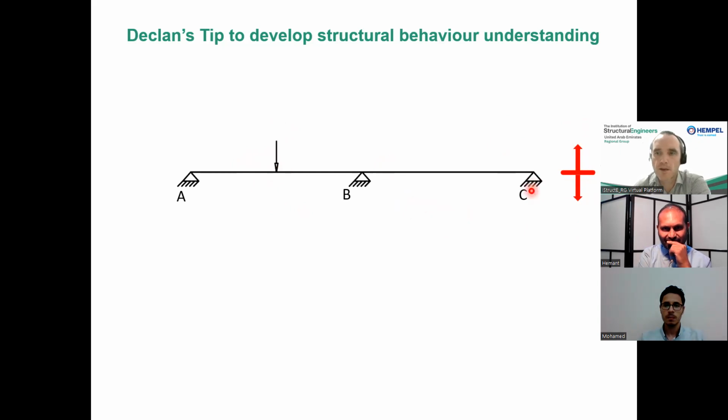What is happening here? In some structures, it may be a bit difficult to visualize what direction the force is going. But what you can do is, for the support that you're not sure about, you imagine it being removed completely. So in this example, if this support was removed, you would end up with a one-span beam with a cantilever. And you would then have to visualize what the deflected shape would look like.